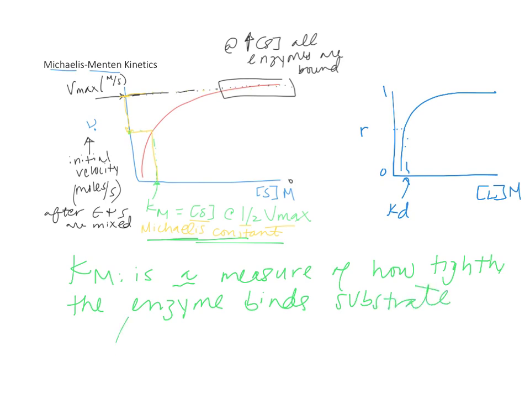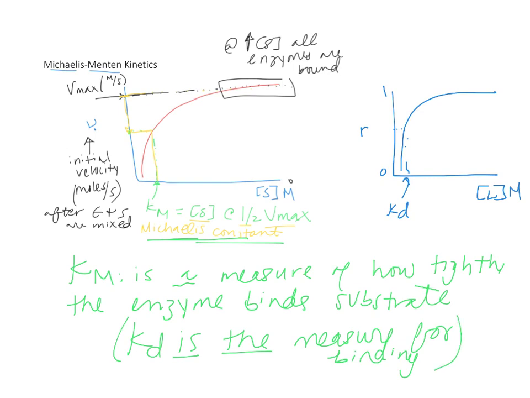And I want to remind you that Kd is the measure for binding. We're going to do a little bit of math to show you that, and for enzymes we use Km as a measure for binding, not the measure, but a measure.